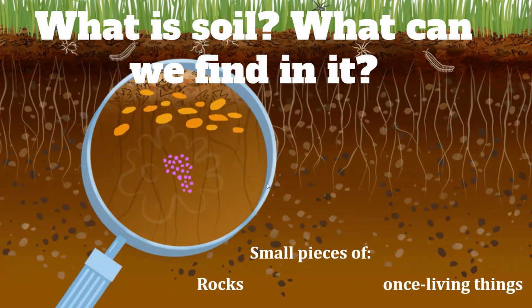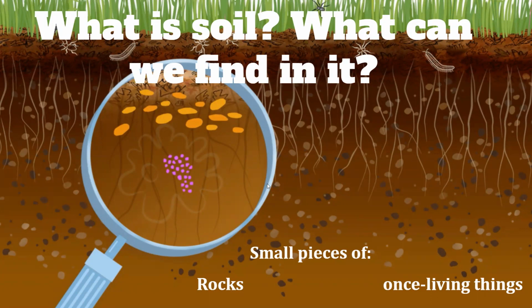And once living things, it means that you can find insects in it. You can find dead plants in it. You can find dead animals in it, like insects, okay? And we can find some really tiny creatures in it, weird creatures actually, like bacteria and so on.